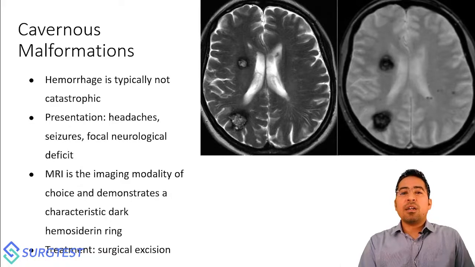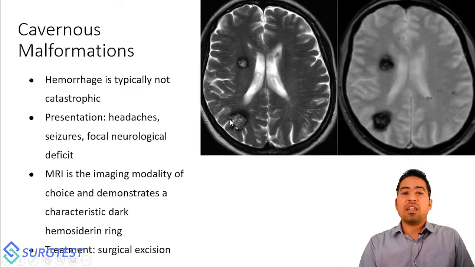Their mode of presentation is usually headaches, seizures, and focal neurological deficits depending on the area where they are located. MRI is the imaging modality of choice for diagnosis of cavernous malformations, and they characteristically have a hemosiderin ring.